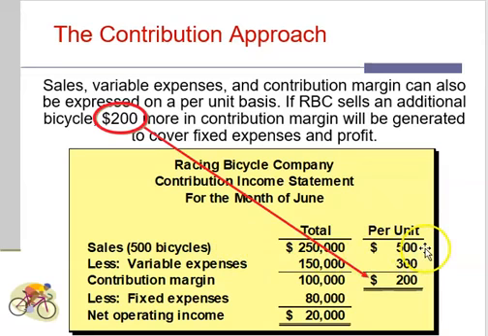So we have $500 per bicycle minus the variable expense, which is, of course, your direct labor, your direct materials, and possibly overhead, depending on how they're allocating overhead. But they're saying variable expenses $300, and that leaves a contribution margin of $200.